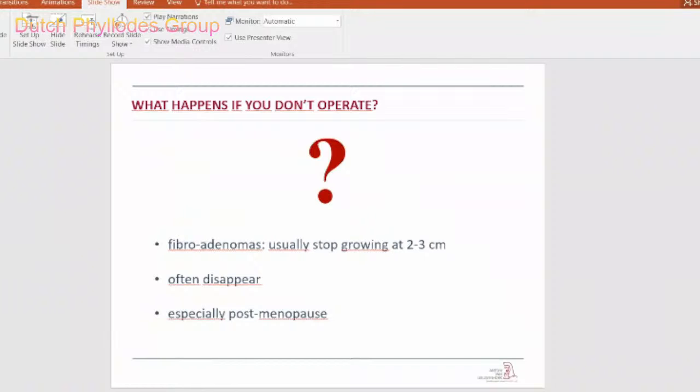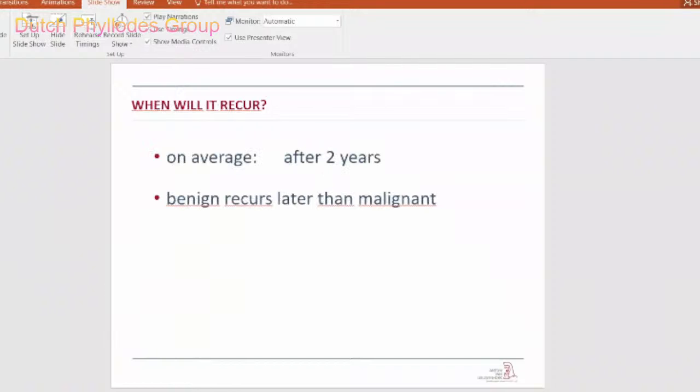And they can also disappear by themselves, especially when you're postmenopausal. For Phyllodes tumor, it's a different scenario, since they will not disappear without any treatment. So standard treatment would be advised to remove the Phyllodes tumor.